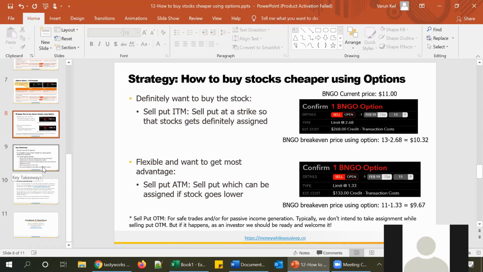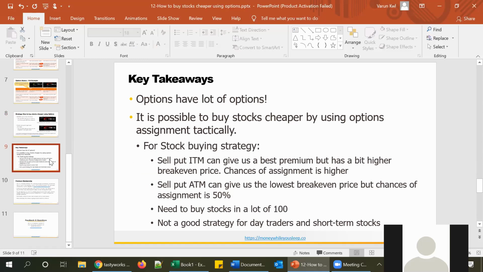Correct? So I wanted to cover these two examples here for this particular reason. So sell put in the money can give us the best premium, as we also saw in the example, but has a bit higher break-even price. And also the chances of assignment are higher in this case because we are going far away from the actual pricing and in the money. So you can have better chances of assignment if you are a seller of a put.